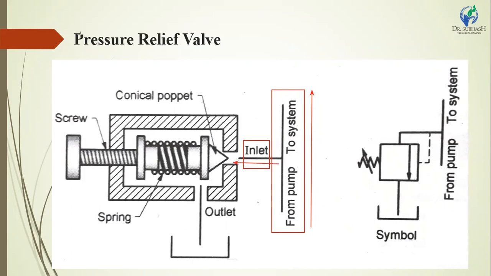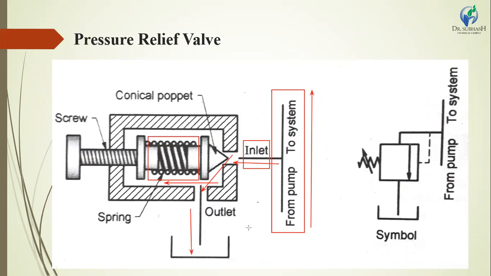At this time, the spring is compressed, and the conical poppet moves from right side to left side, and this area opens and excess oil comes out from the hydraulic pressure line through the pressure relief valve to the hydraulic tank.